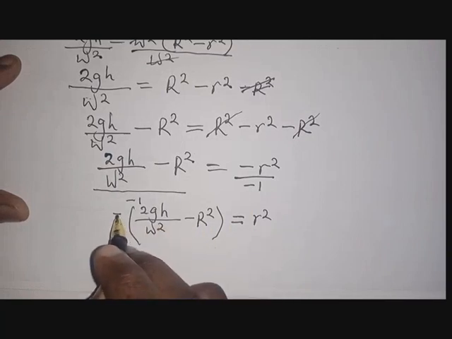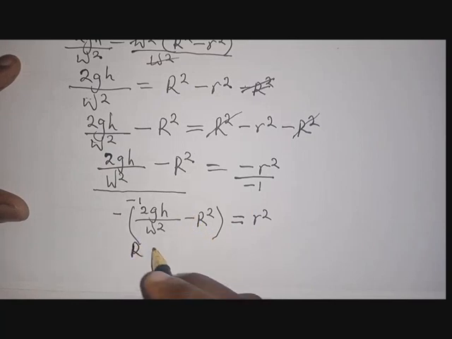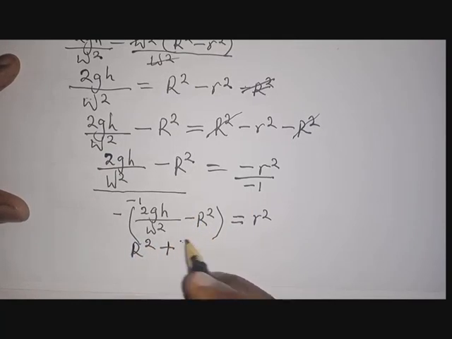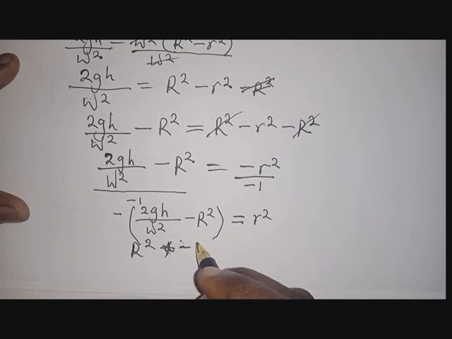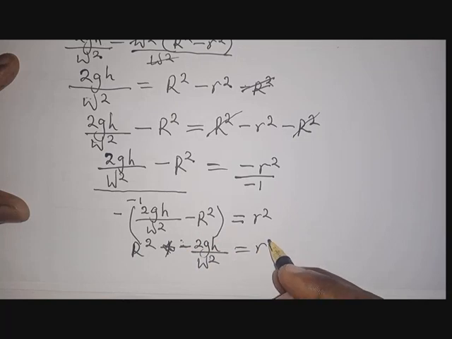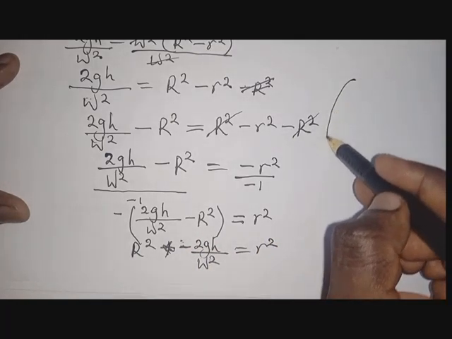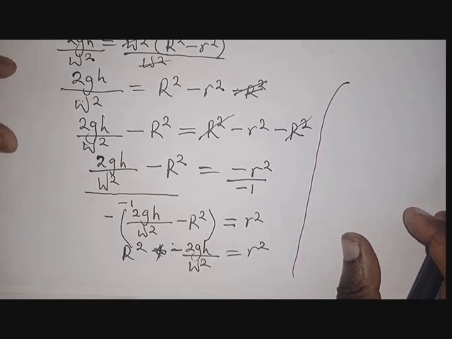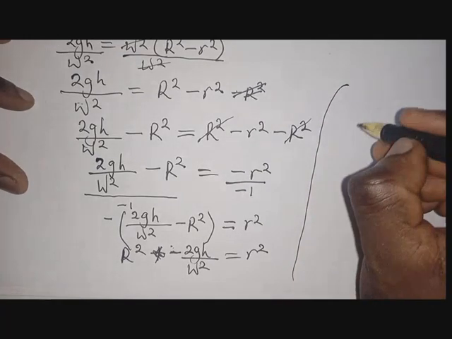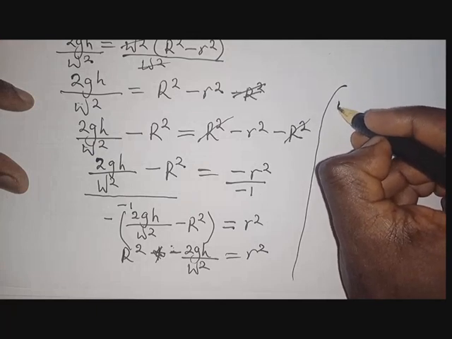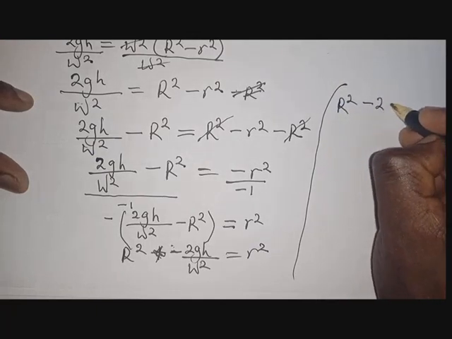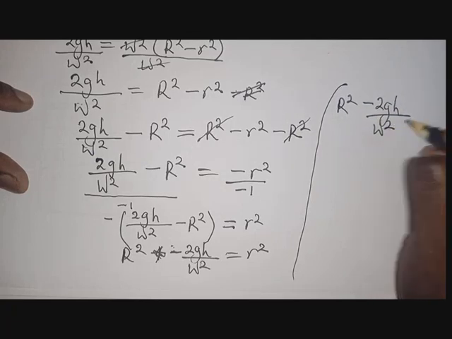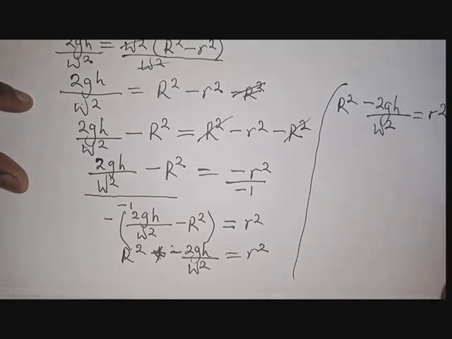So when I open the bracket, this is going to multiply this and become a negative term, while this is going to become a positive term. So that becomes R squared minus 2gh over w squared equals r squared. So I'm going to try to bring it up to this other side. So we have R squared minus 2gh over w squared equals r squared.